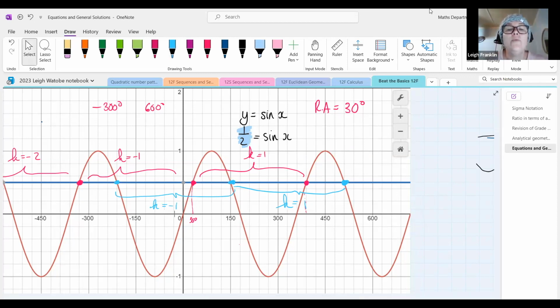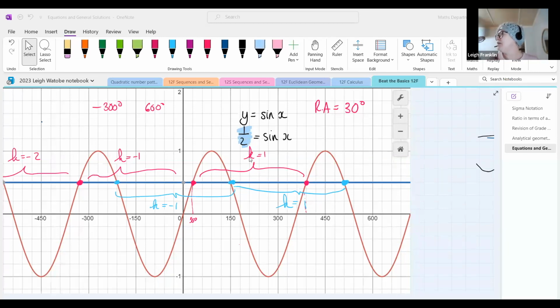So in other words, RA is your reference angle. Whenever you're working with a general solution, you are finding a reference angle. So if our reference angle is 30, then based on the sign of our ratio, we would decide which quadrants we needed to work in.